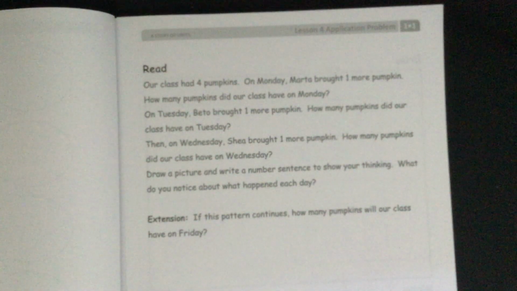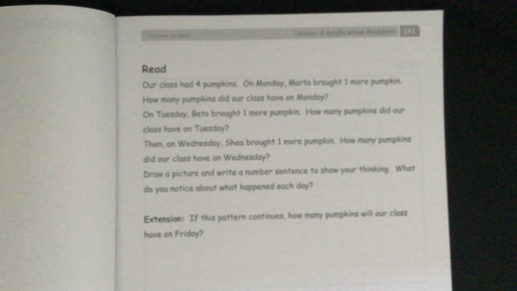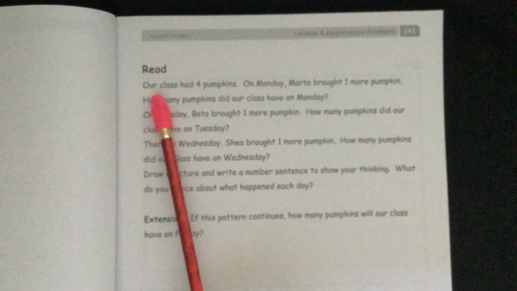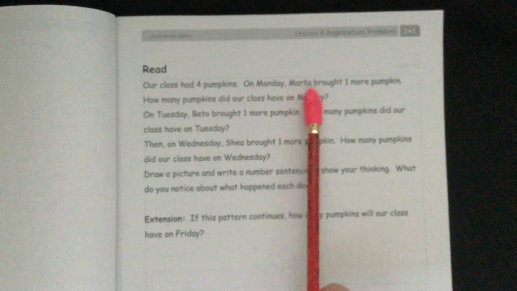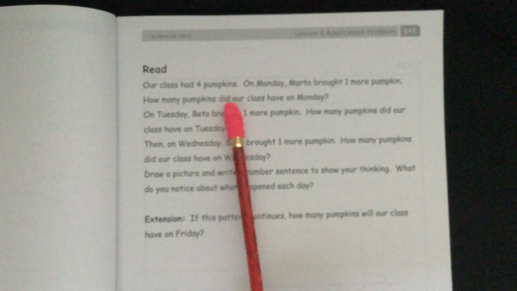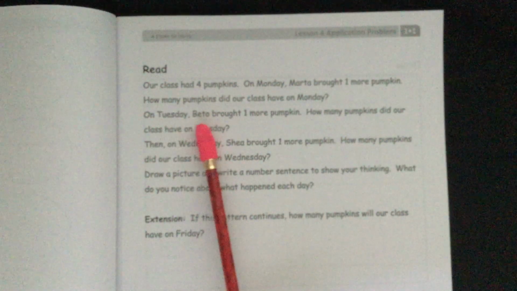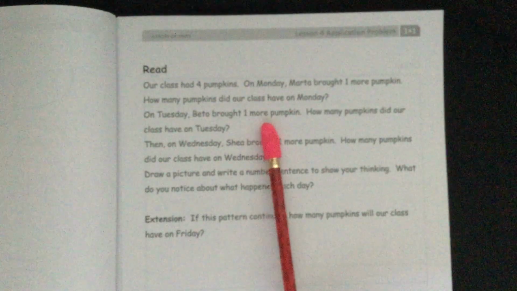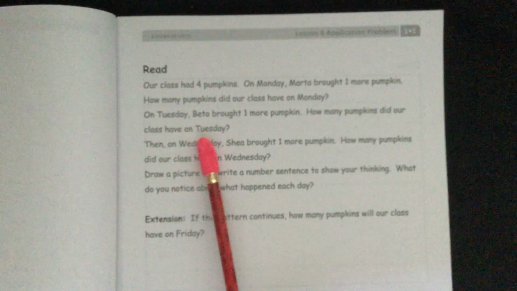Here's our application problem. The application problem says, our class had 4 pumpkins. On Monday, Marta brought 1 more pumpkin. How many pumpkins did our class have on Monday? On Tuesday, Beto brought 1 more pumpkin. How many pumpkins did our class have on Tuesday?